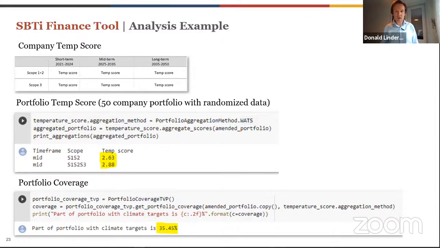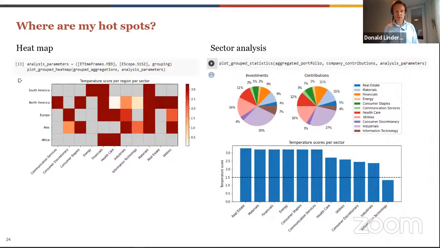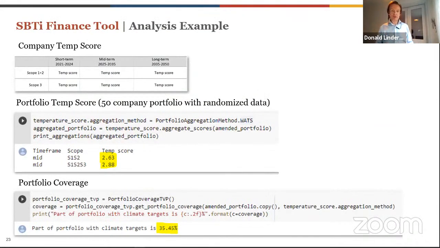So, which means that 35% of your holdings in your portfolio have set a science-based target approved by the science-based targets. So many solutions stop here, and we could have stopped here as well, which is important enough to have this information. But we thought, well, what can we do with this, and how do we actually devise an engagement strategy?